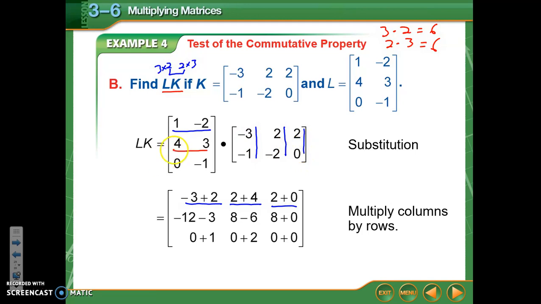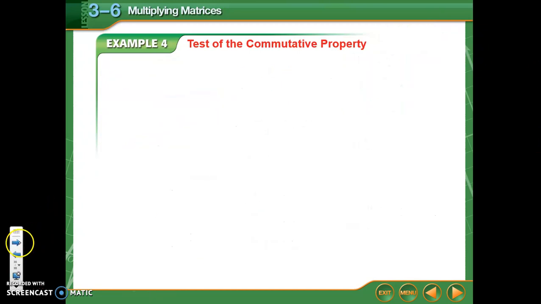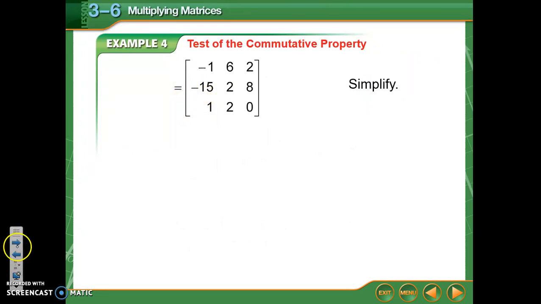Then we would do second row, first column, second row, second column, second row, third column, and repeat with the third row. So I'm going to multiply all of these. There's my last row. There's my second row. Okay. And we simplify, and we're going to get a 3 by 3 matrix, which is this.